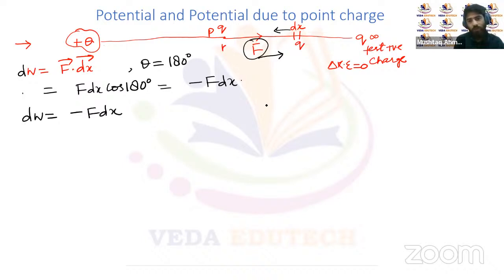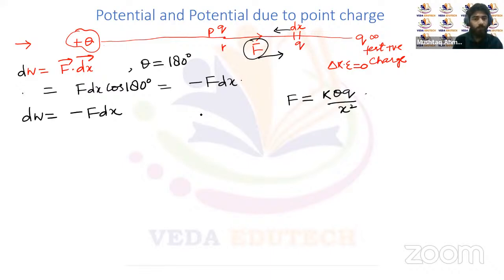And the force we have to apply to bring this charge slowly and steadily to this point P, we have to at least apply the same amount of external force as there is repulsion due to this plus Q charge. So this force at some distance x will be equal to kQq upon x square, right? This is the electrostatic force.